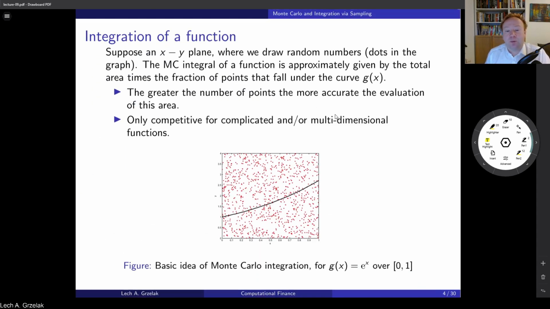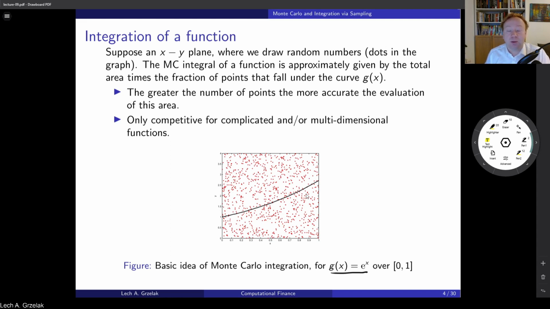Very simple way of integration. In this case, we have a function g, which is e to the power x. The simplest possible way how the integration could be performed is that we sample dots in here in a cube, or actually this is a rectangle, because it's 0 to 1 and we have 0 to 4.